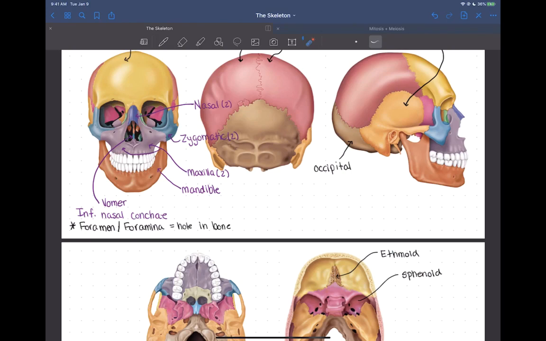Okay, so altogether you have 6 nasal conchae. 2 come from these inferior nasal conchae bones, and then the other 4 from the ethmoid bone. Okay. All right. So that's kind of inside the nasal cavity. Let's see. So we've done that.